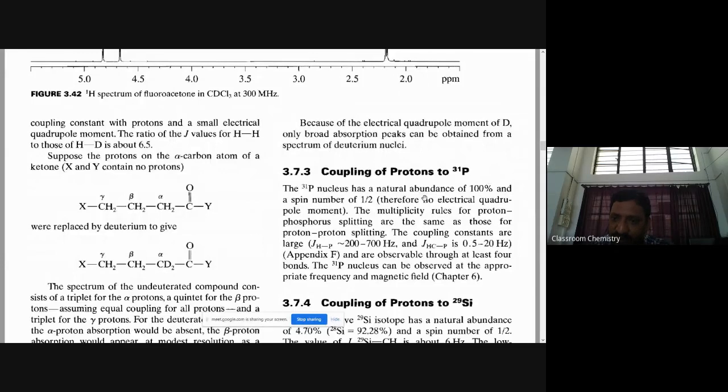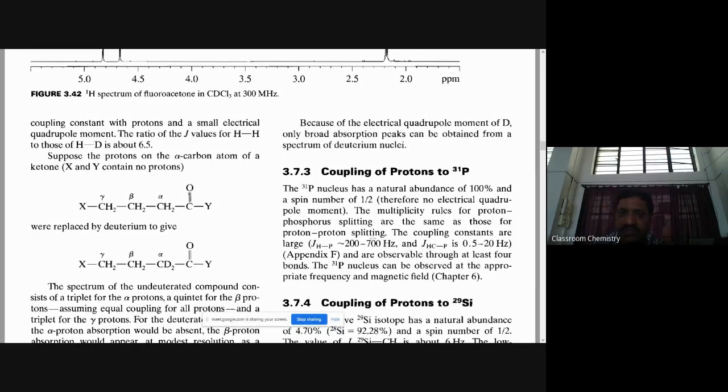Proton has spin number 1/2, as you all know. Likewise, phosphorus 31 also has spin 1/2, natural abundance 100%, and no electrical quadrupole moment, and that's why the multiplicity rule for proton-phosphorus coupling is the same as for proton splitting.